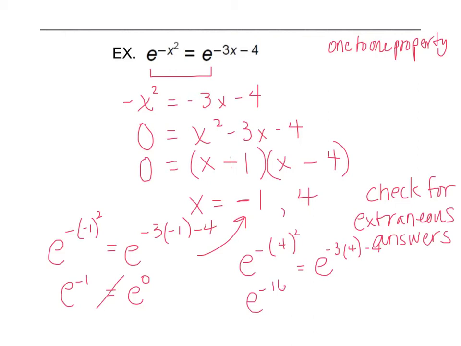E to the 16 equals e to the 12 minus 4, which is 8, and that is an answer. So -1 is extraneous, and the 4 is the actual answer to this equation.